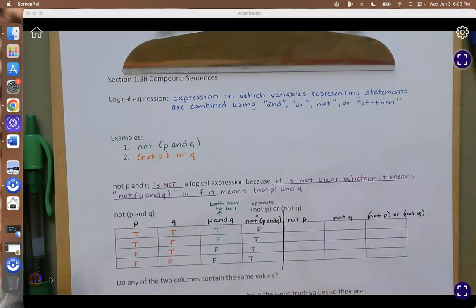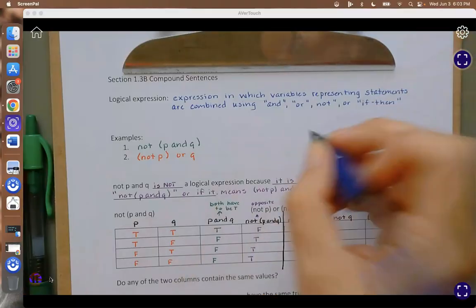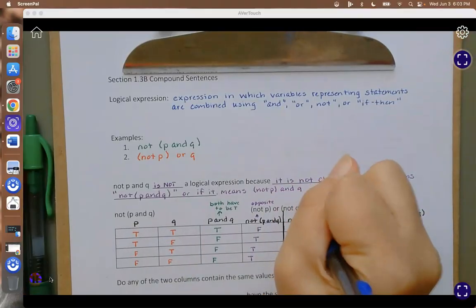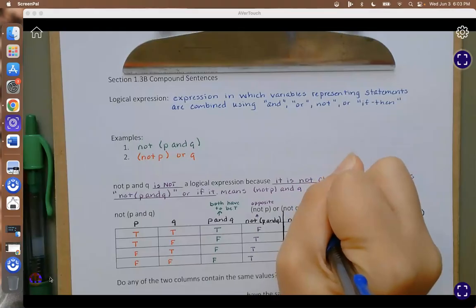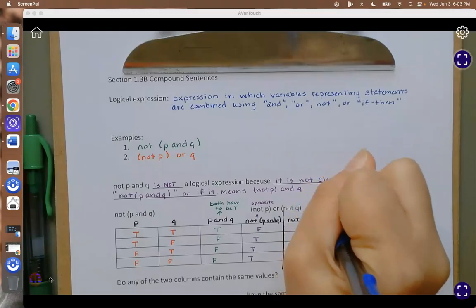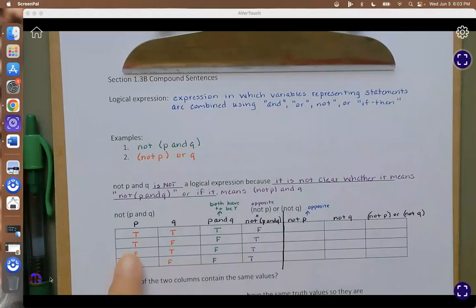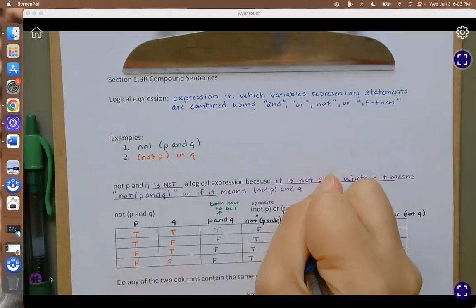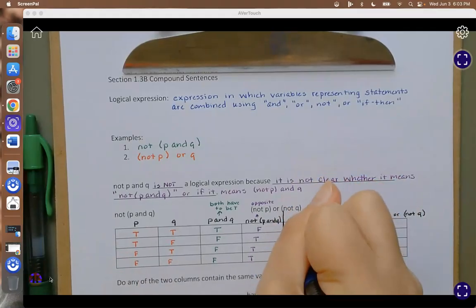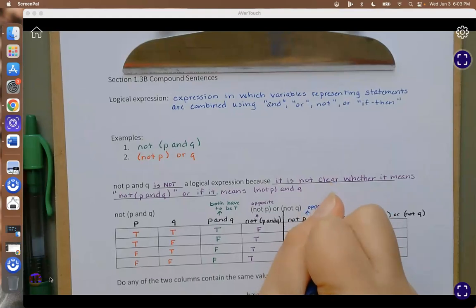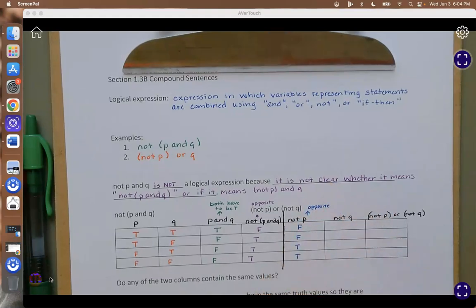Okay, so let's talk about what this means we're going to be doing. So here, not P means opposite. So go to P and we're going to put the opposite. So that's false, false, true, true.